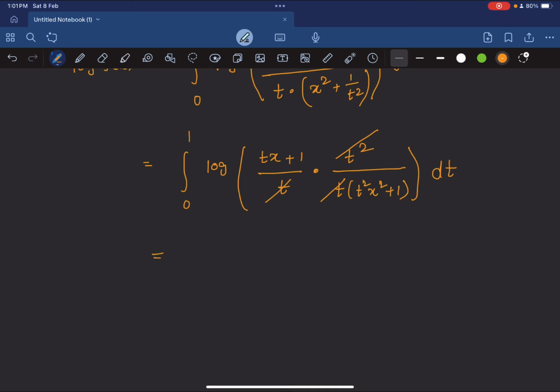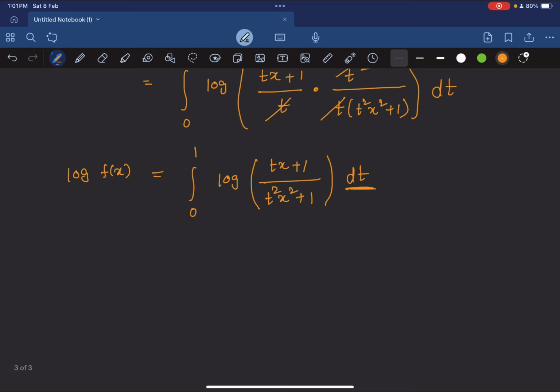So now you have integral 0 to 1 log of tx plus 1 upon t square x square plus 1 dt. So this is log of f of x. Here the variable is t, so x is like a number here.